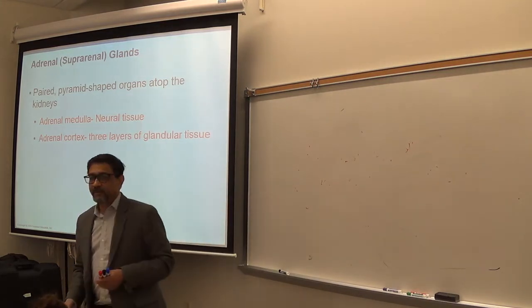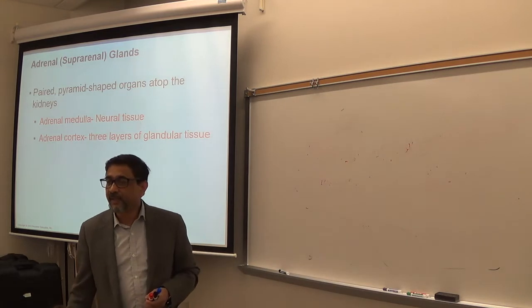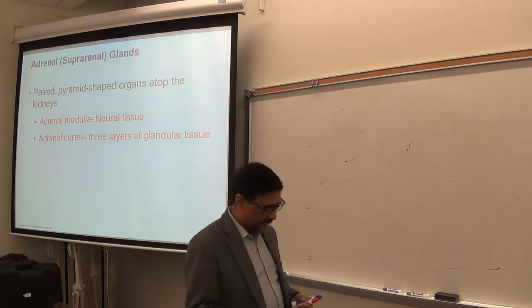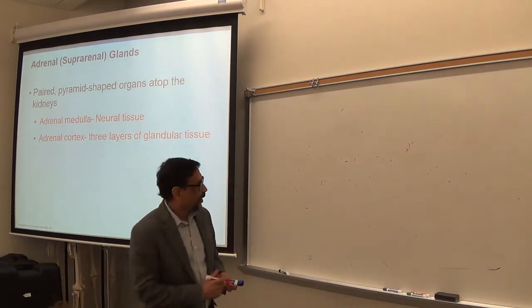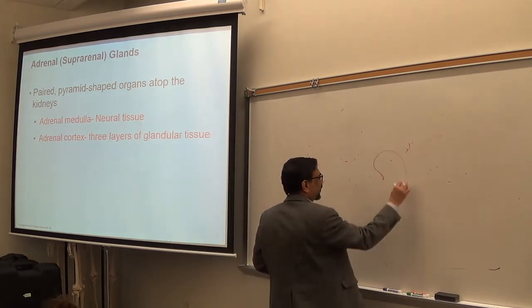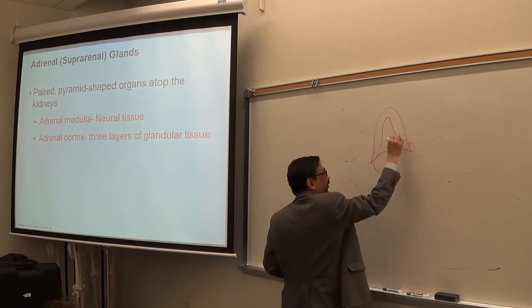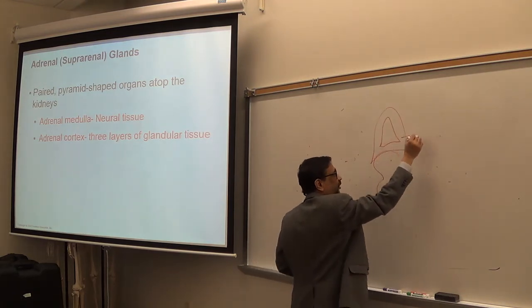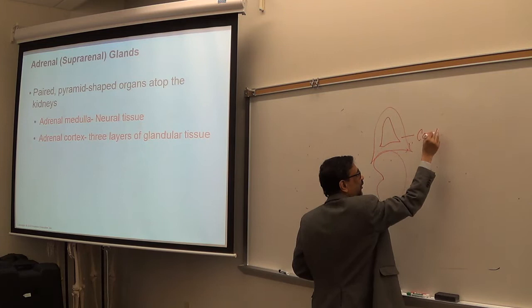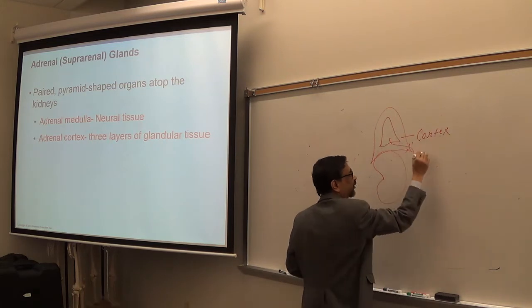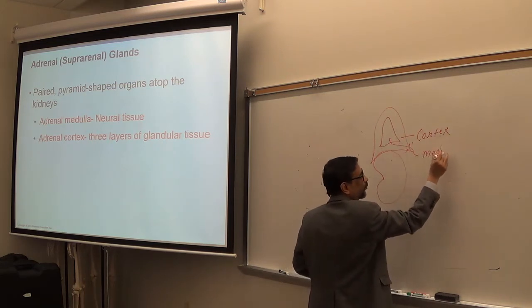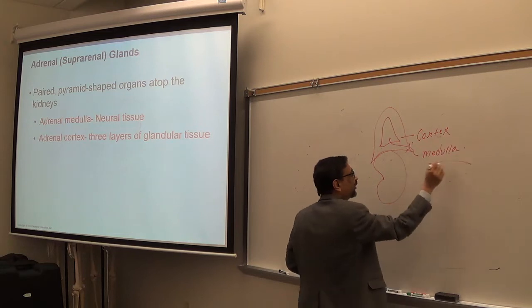Adrenal glands, very important glands sitting on the kidneys, also called suprarenal glands. Now, this is the kidney, this is the adrenal gland, and I already mentioned the outer part is called what? Cortex. Inner part is the medulla. Remember that?